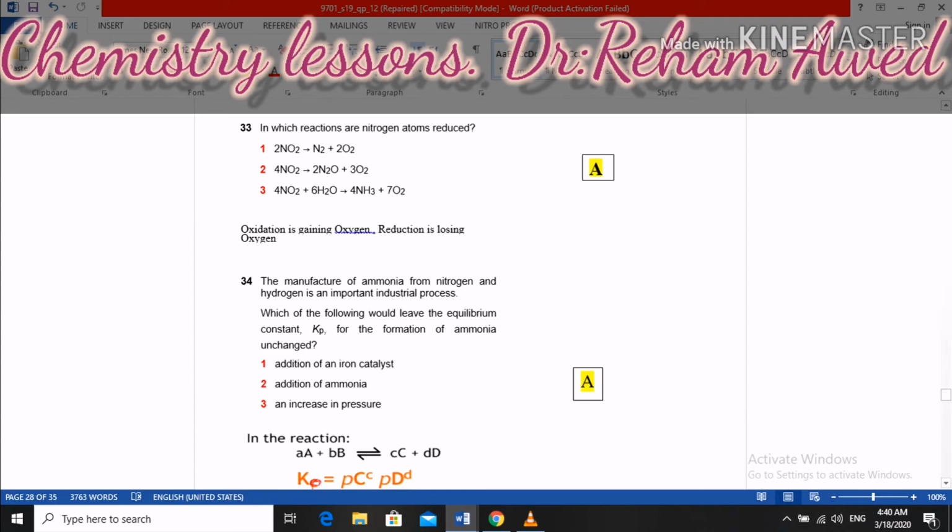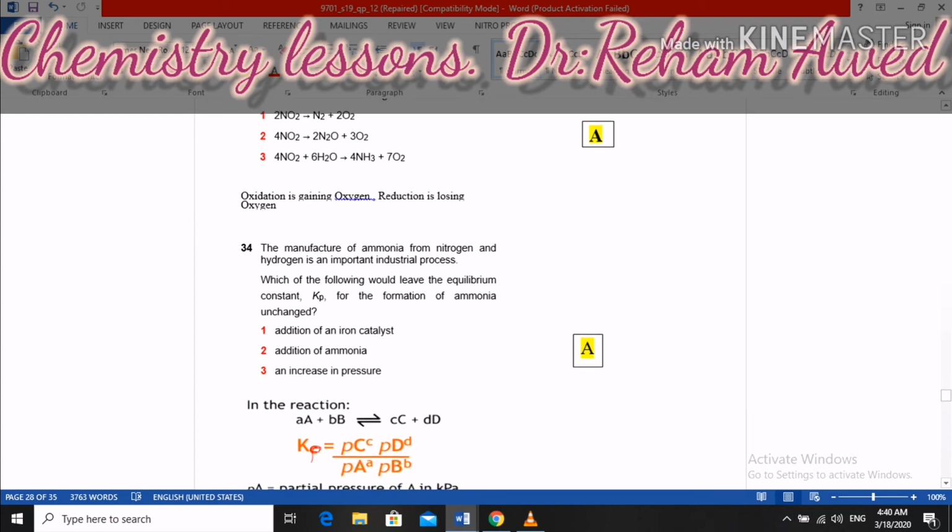Adding ammonia, the reaction will change its equilibrium position to cancel the effect, so our equilibrium constant won't be changed. An increase in pressure, of course, is the same. We are talking about the equilibrium constant. The equilibrium constant is stable, not changed.